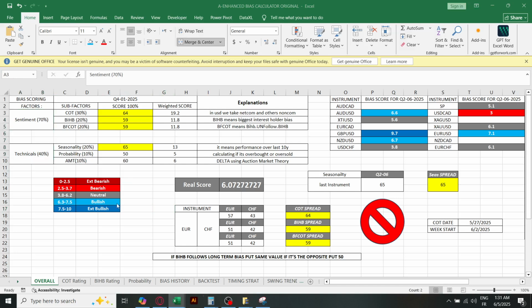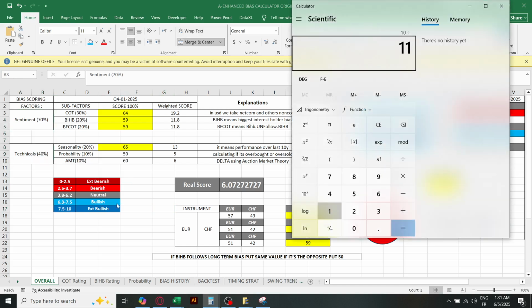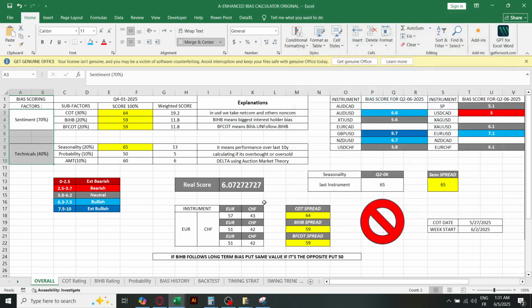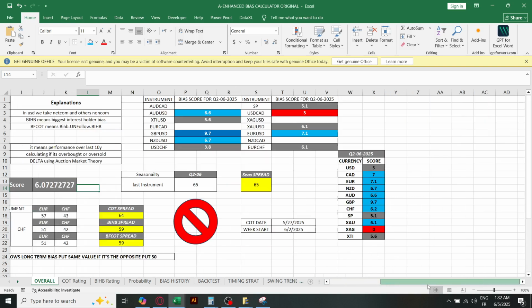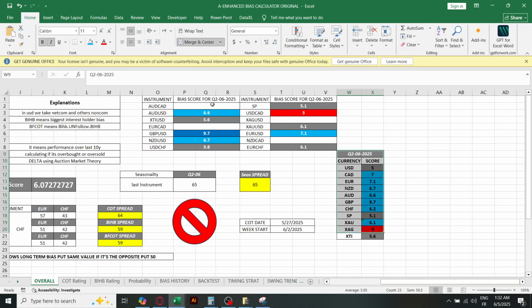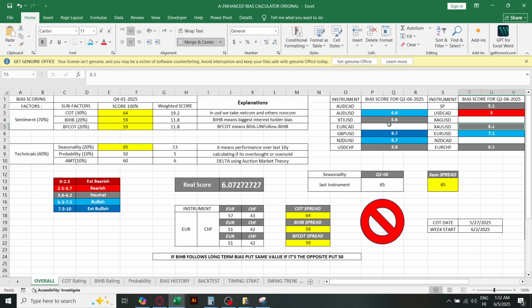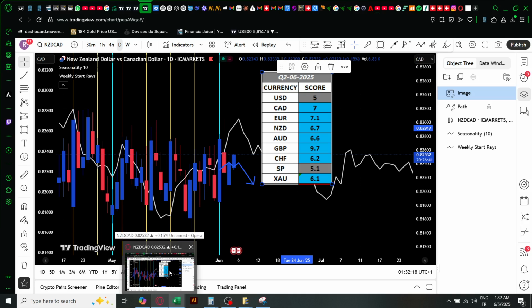So the real percentage is 9.1%. Anyway, it's not our topic. The first thing, this is the score. I didn't complete the rest because they have the same results as the other ones, so it's not very important.